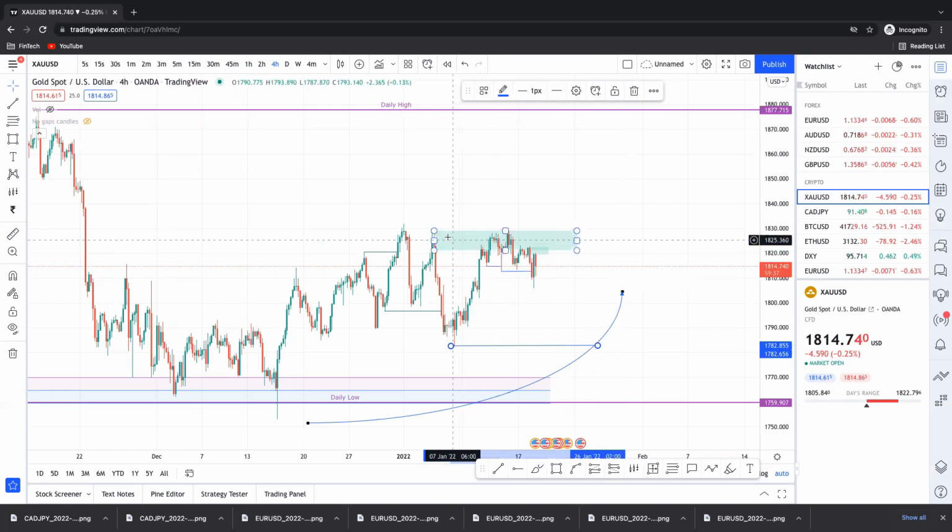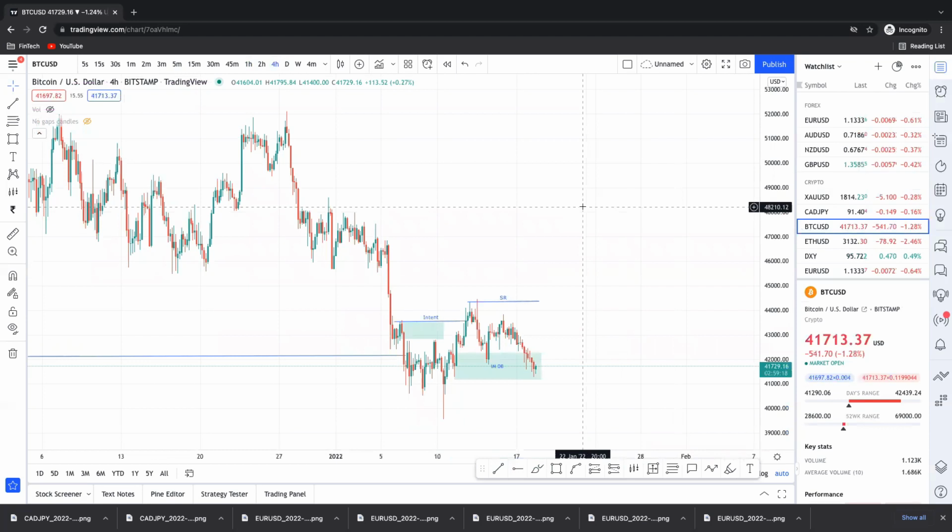This little bearish intention on the lower time frame doesn't mean anything unless we have a second break and a confirmed bearish trend. All right, so this is gold. Other than that, let's see how it goes, and then we'll take it from there.